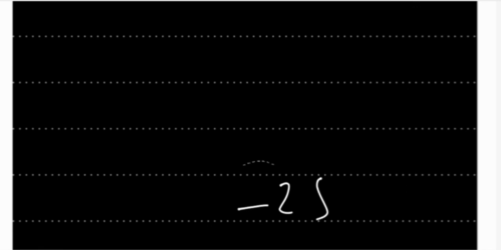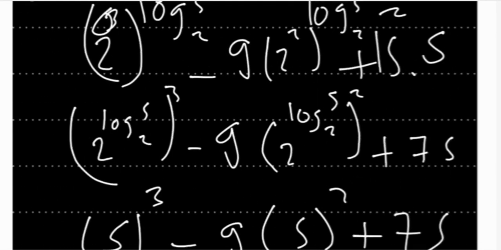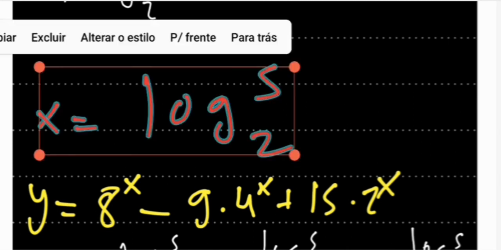So you'll have minus 25 when x was equal to what? Remember, this x over here, this is the global one.